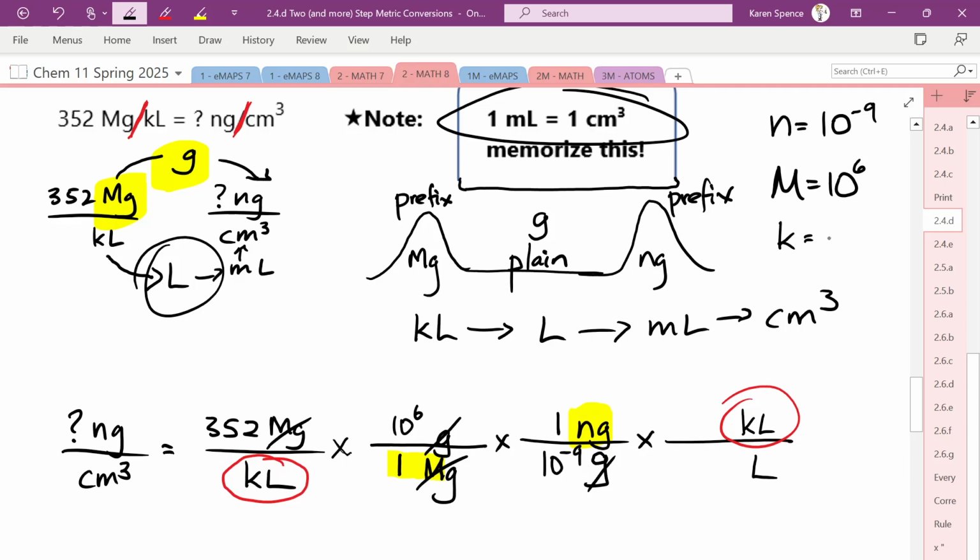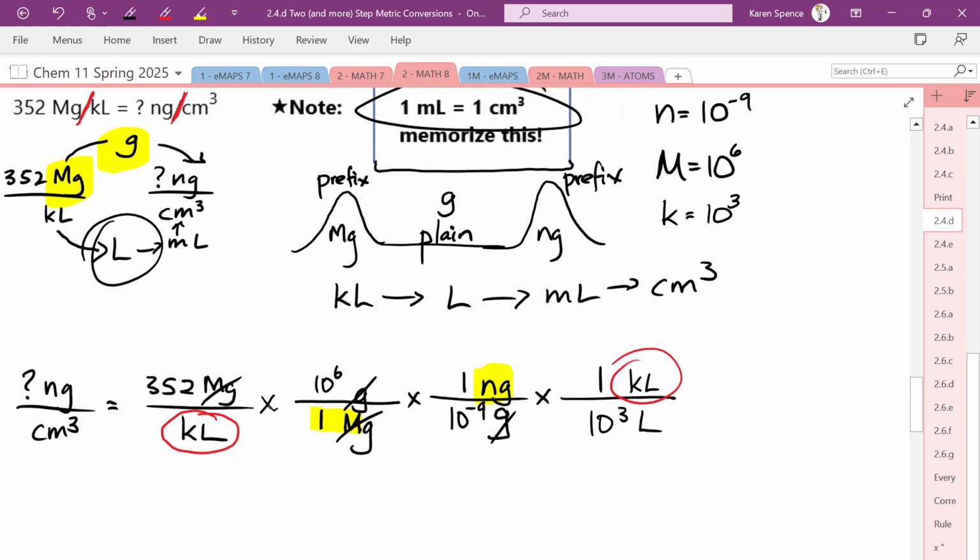Kilo is 10 to the 3. Okay, so where does the 10 to the 3 go? With the kiloliter or with the liter? It goes with the liter, because the 1 goes with the prefix.